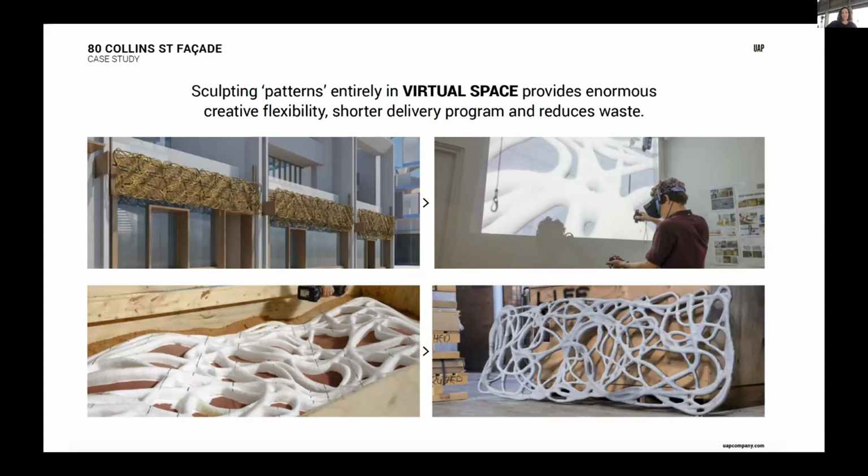So this is an example of one of the commercial works that UAP did. It's called the 80 Collins Street facade. Basically the design was a complicated woven balustrade element for this building in Melbourne.